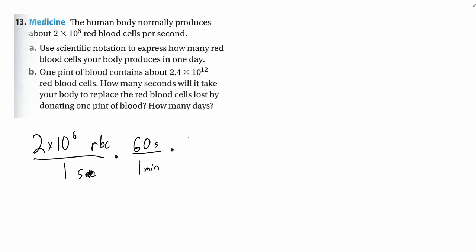There's also 60 minutes in each 1 hour. That tells me how many blood cells per hour. Well, I know there's 24 hours in each 1 day. And if you notice, now I have red blood cells per day because all these other units end up canceling out.